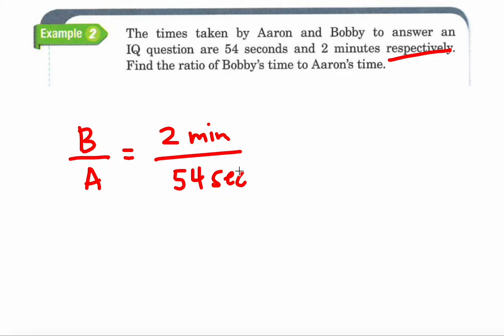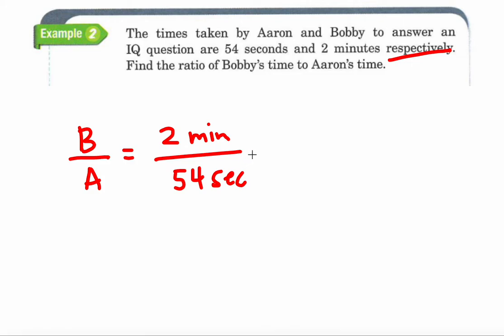So remember, we are using ratios to compare their relationships with each other, right? So in order to best compare them, they need to be using the same measurement of time. We can't be comparing minutes to seconds because that's not as easy to compare. So it's probably easiest for us to change Bobby's into seconds so that they are both written as seconds.